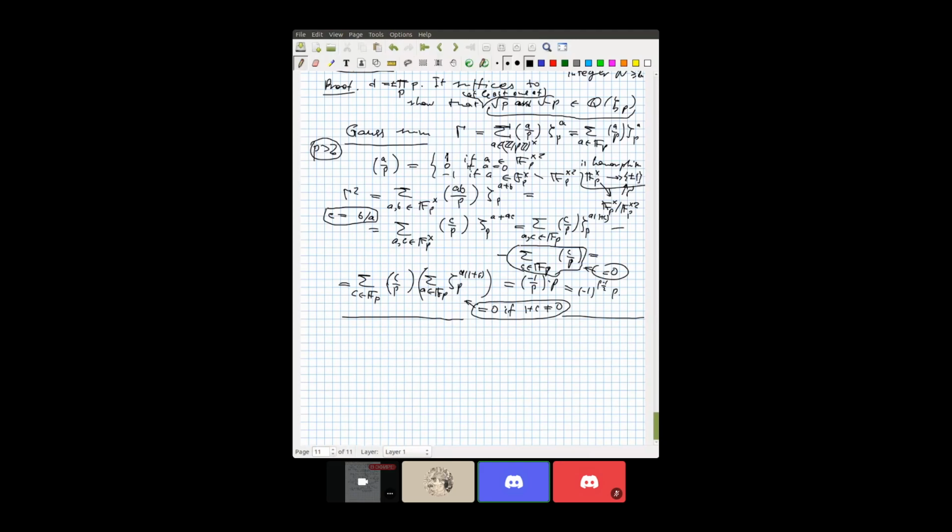For instance, we could try to see, what is the difference between 2 and 3?